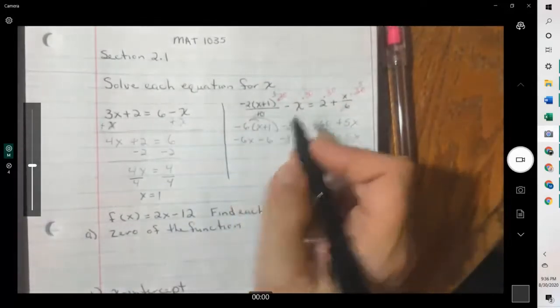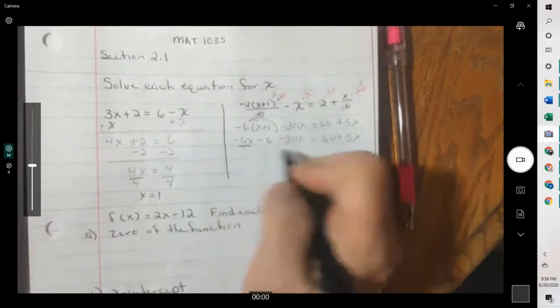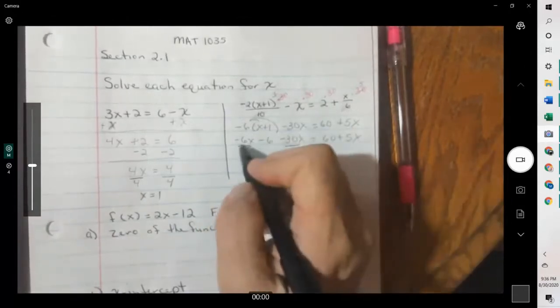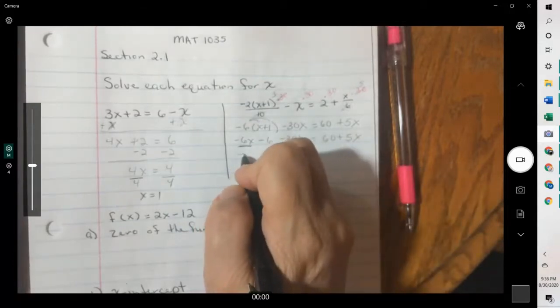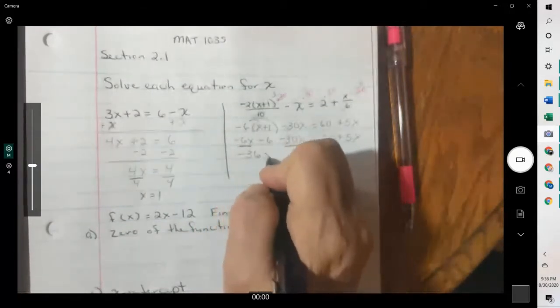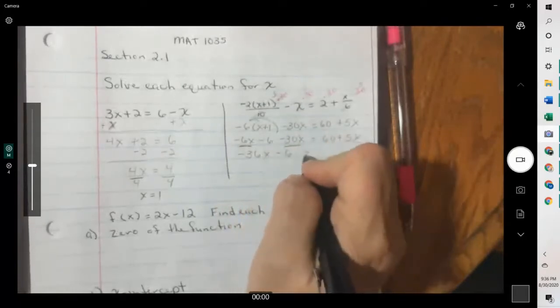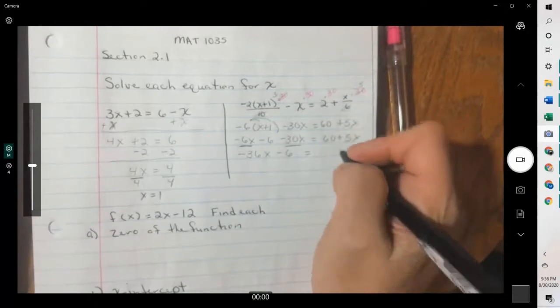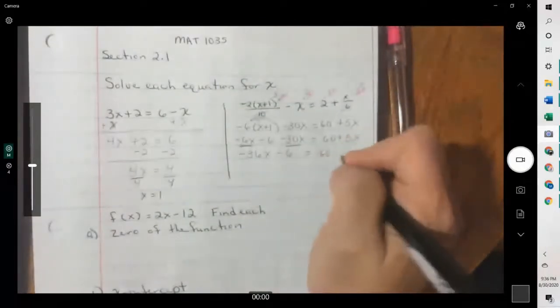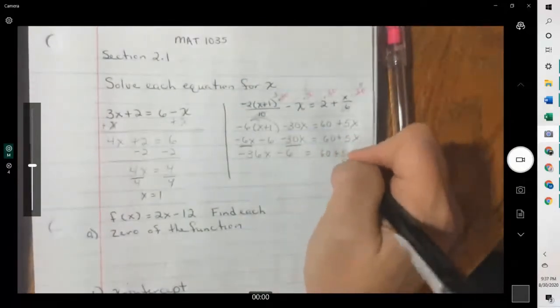So first we get rid of parentheses, then we combine any like terms. 6 and 30 are like terms. They're both negative, so we would add them. We have negative 36x minus 6 equals 60 plus 5x.